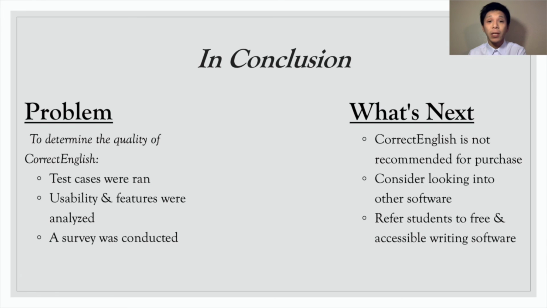Or, for the time being, the Institute may want to refer its students to free or other accessible writing software, which can be done at a much lower cost. This achieves the institution's goal of improving student writing without the cost of purchasing licenses of a poor quality writing software. Thank you for your time.